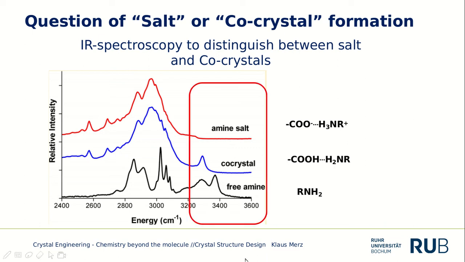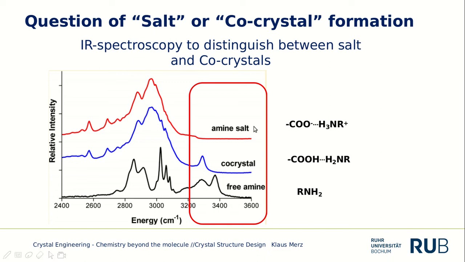And here you see directly, this is the interesting region where you should have a look. In the case of a salt, there's nothing. Starting with the starting product, the amino vibration mode is interesting. This is the free amine.